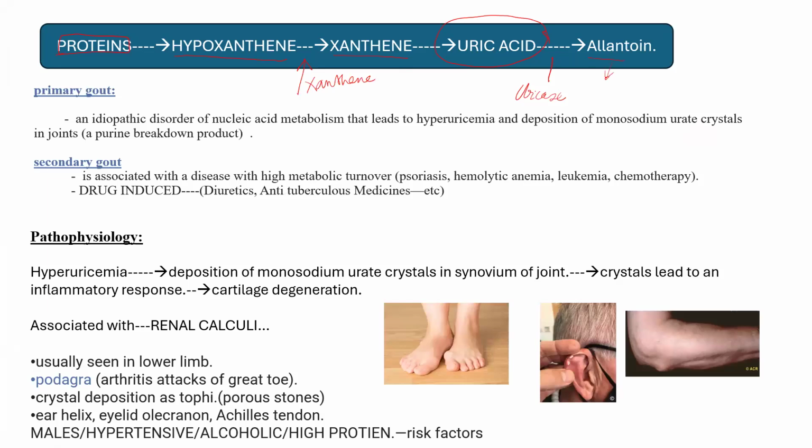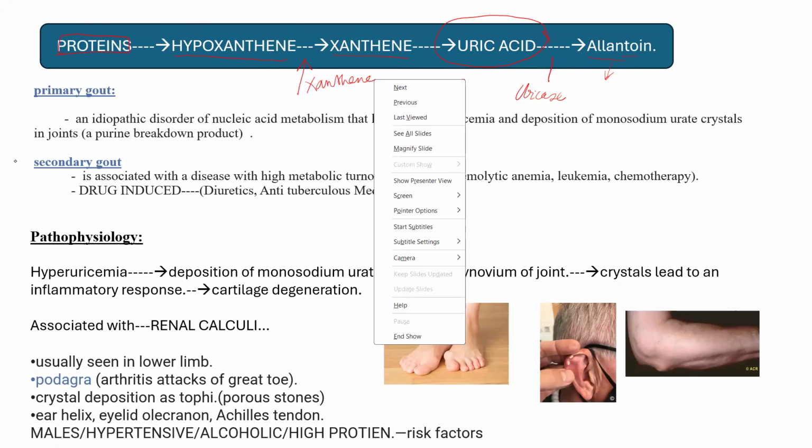Allantoin is a relatively soluble and easily excretable end product of metabolism. When there is an increase in the lysis of cells, uric acid production will increase. Once there is more uric acid, it gets deposited and induces the attack of gout.